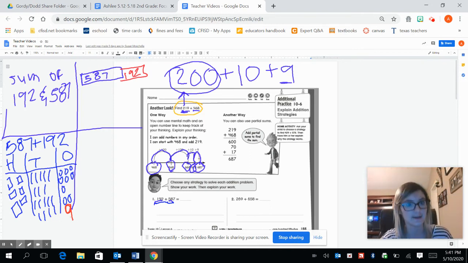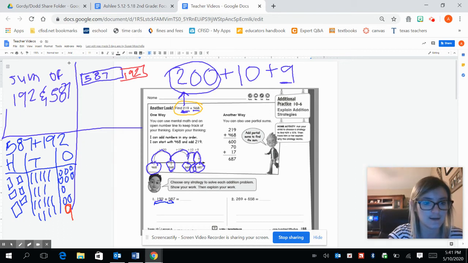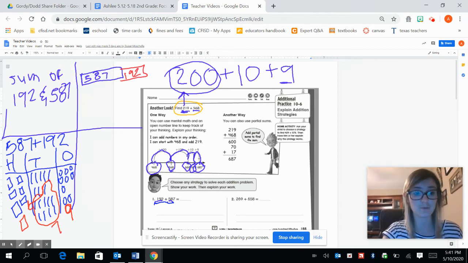There are a lot of tens here, so we can bundle some up and move them next door. 1, 2, 3, 4, 5, 6, 7, 8, 9, 10. Right here is 10. We're going to bundle those up and move it next door. So let's see how many we have left. 7 left. Not quite enough to bundle anymore, but we have 7 in the tens place.